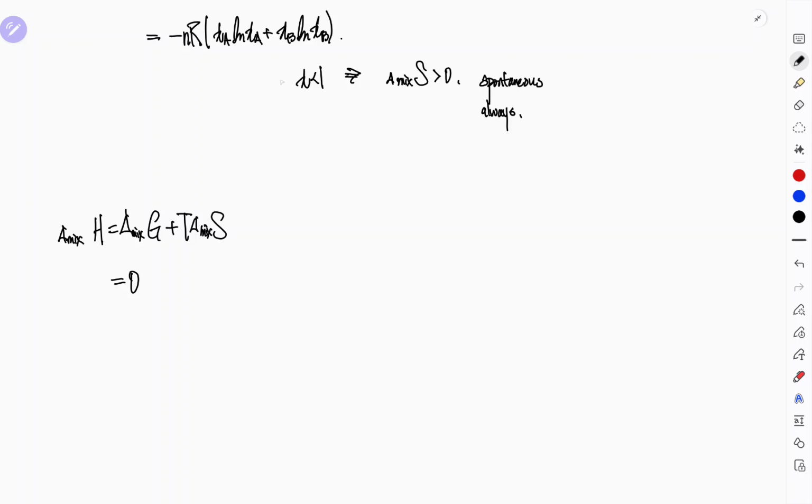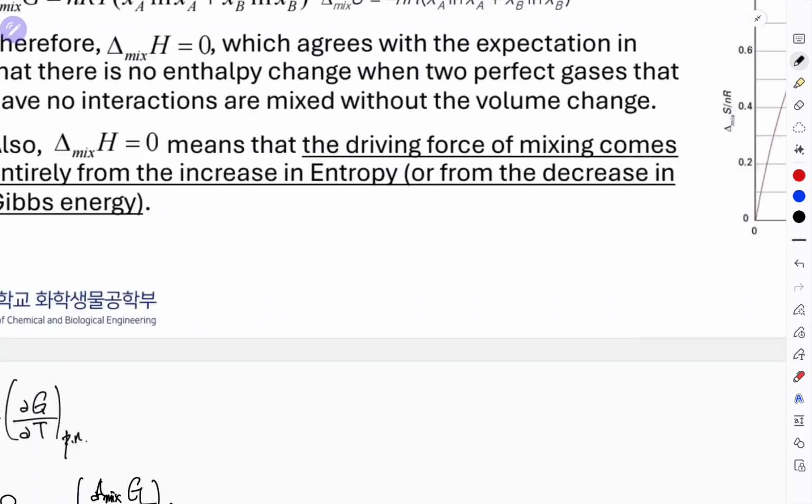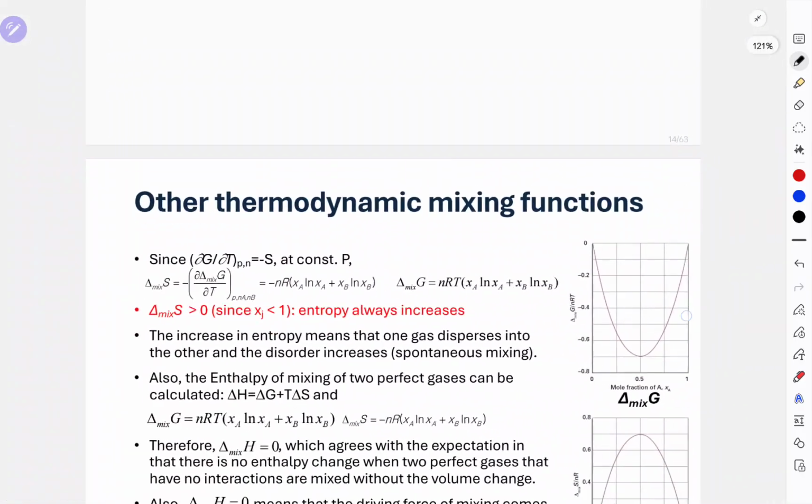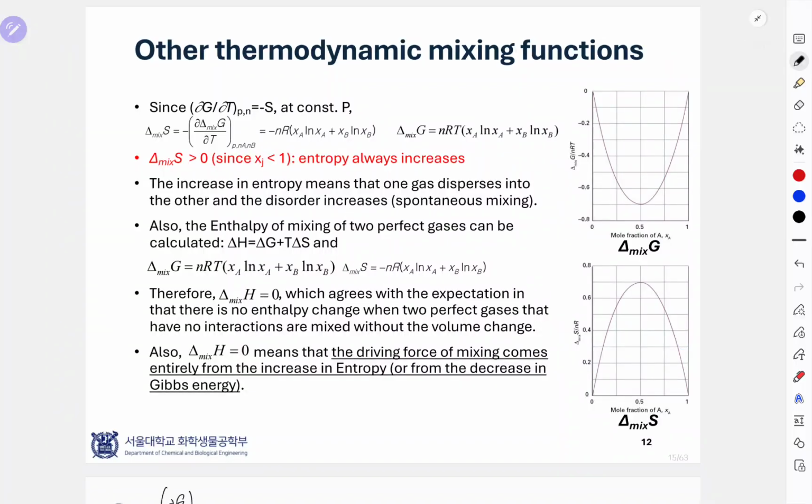So you can see this graph gives us the changes over the mole fraction. The Gibbs energy is always negative, and the entropy is always positive here.